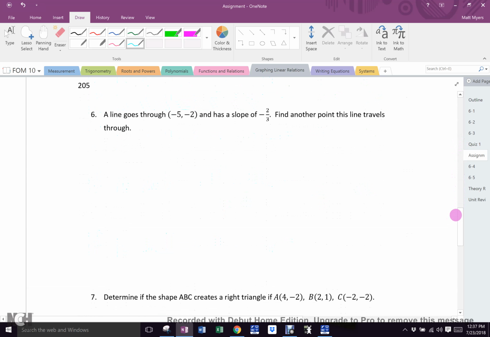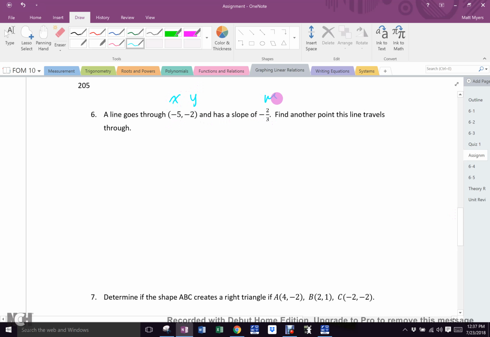Number 6. A line goes through that point with that slope. Have we seen anything that has an x, a y, and a slope in it?